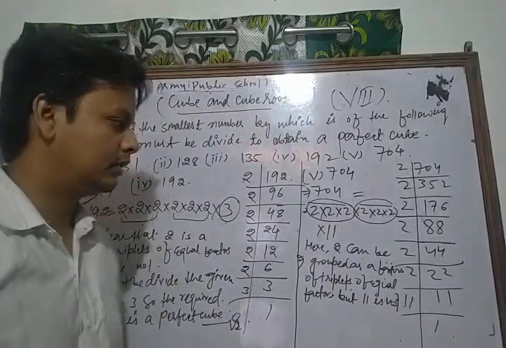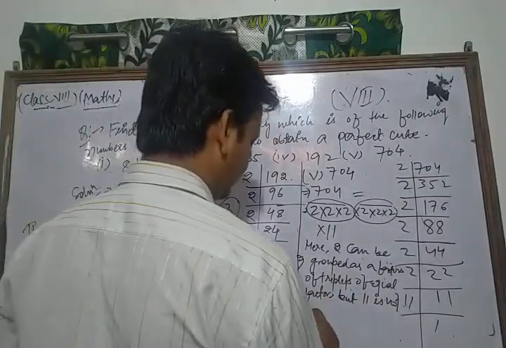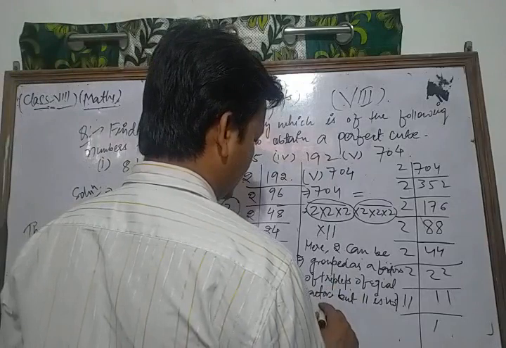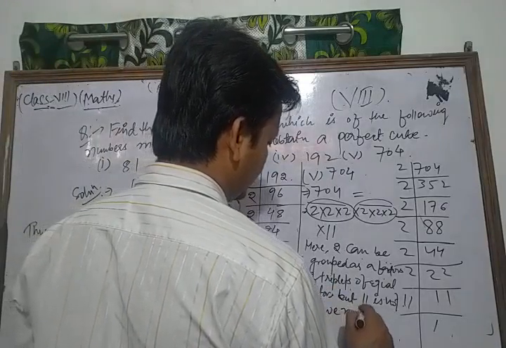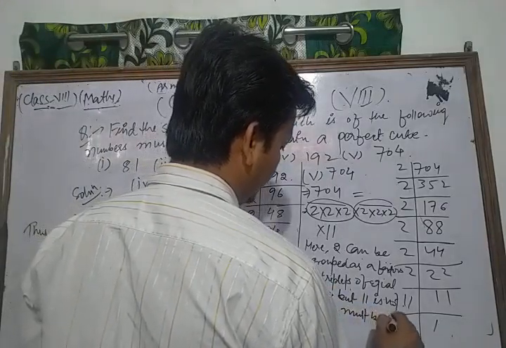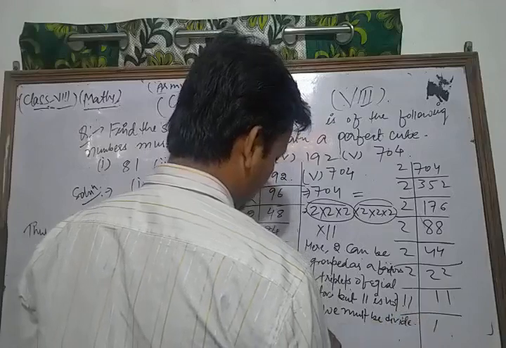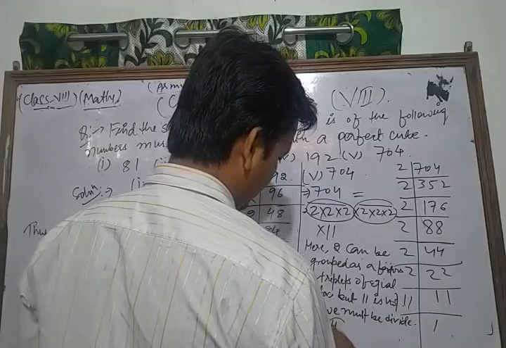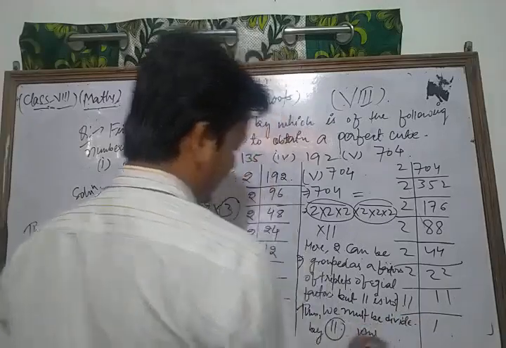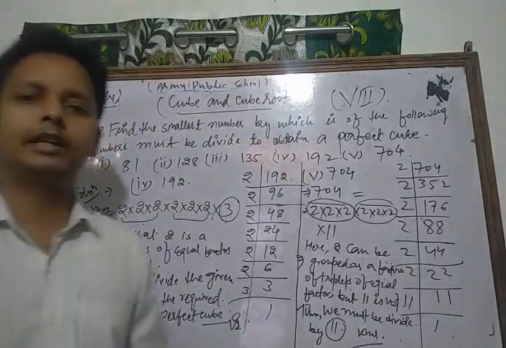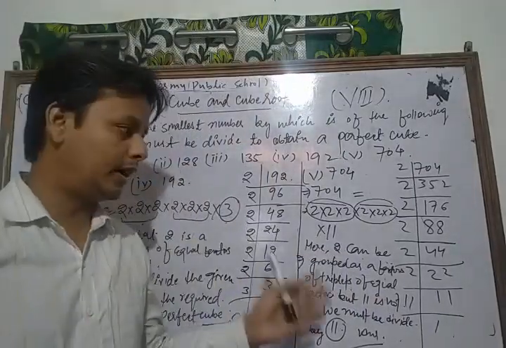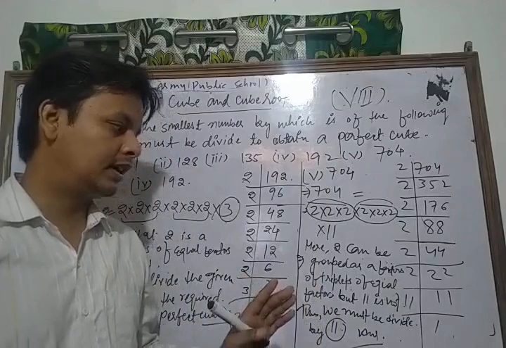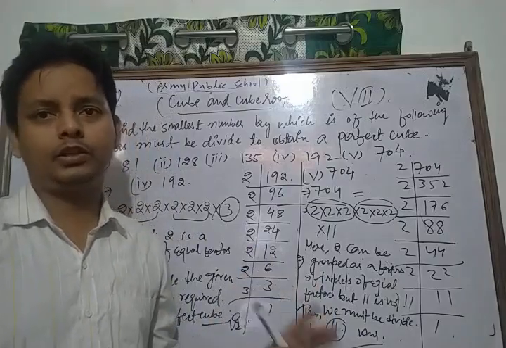So thus we must divide by the smallest number, 11. We must divide by 11 so that the required number is a perfect cube.